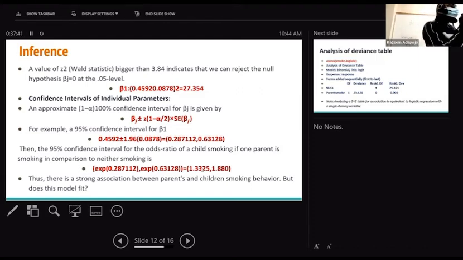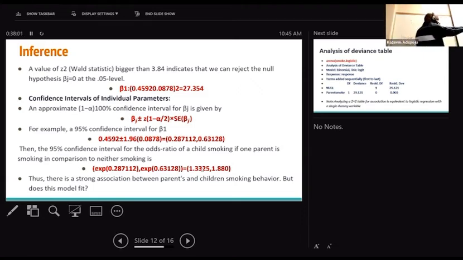But when you're talking about a ratio, we don't talk about 0. We talk about 1. We talk about whether the interval includes 1. When the interval includes 1, there's no difference, right? When the odds ratio is 1, that's 50-50. It means there's no difference.